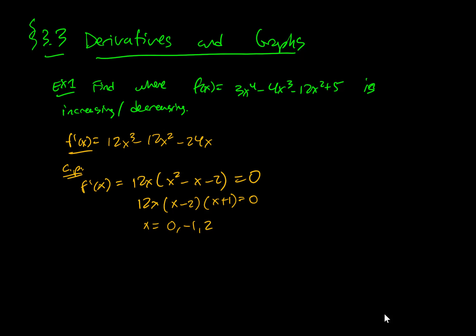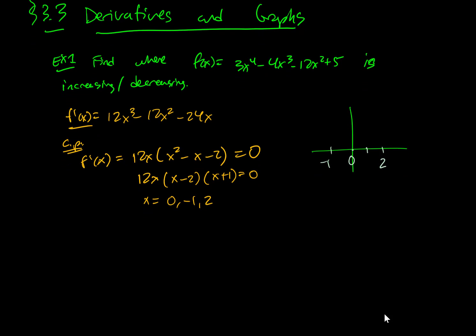So I know on my original graph, at these points, here's negative 1, here's 0, and at 2, I'm probably going to have some sort of min and max thing going on. I don't know exactly what's going on there, but we're going to figure it out. And now, to figure out increase, decrease, what I need to do is look at the derivative.